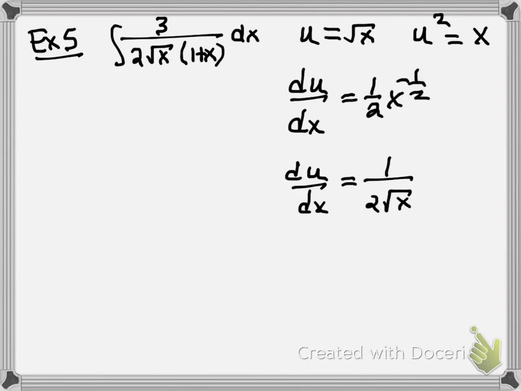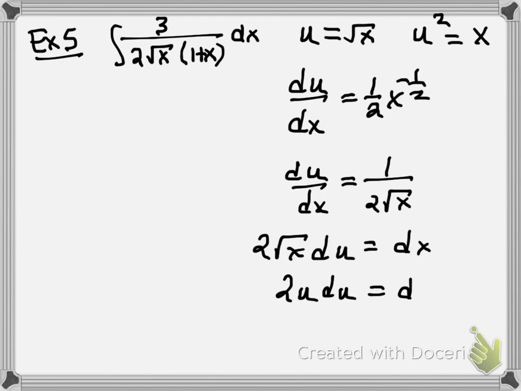And so now if I multiply both sides to get rid of fractions, I have this. And remember, the square root of x we said was equal to u, so I can replace this with a u. So now I have 2u du in the place of dx.